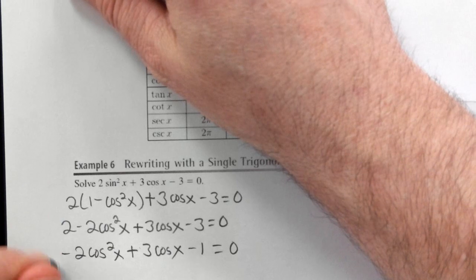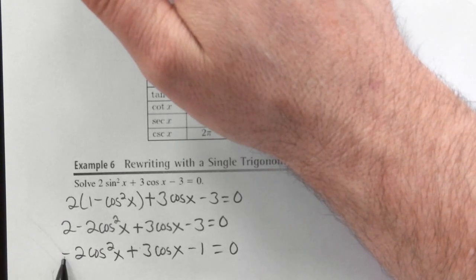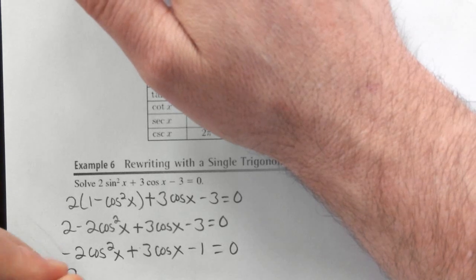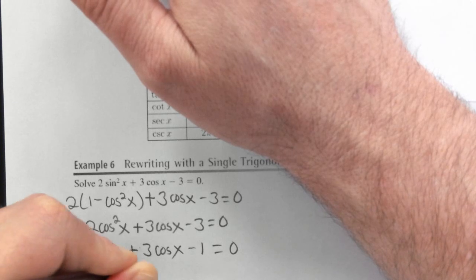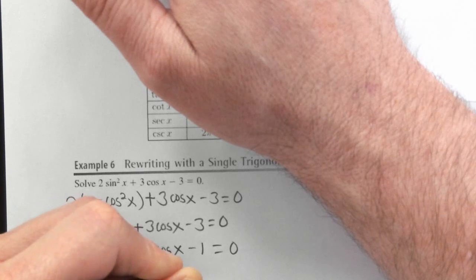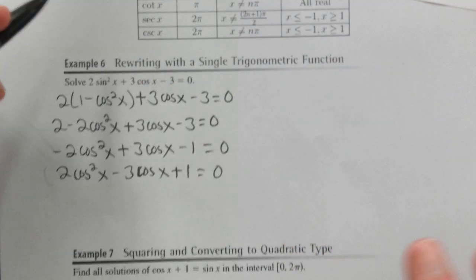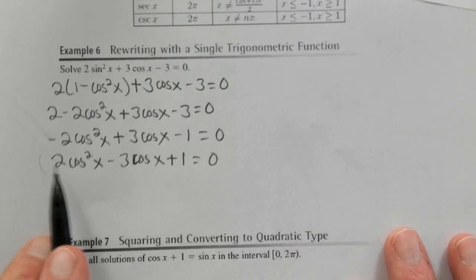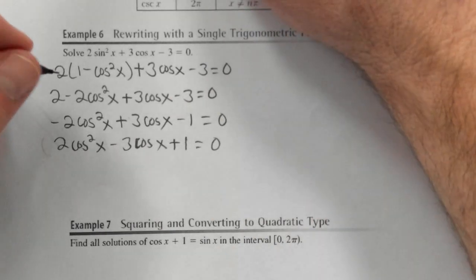But before we do that, why don't we multiply everything by negative 1 so that the leading coefficient is positive. So let's make it 2 cosine squared x minus 3 cosine x plus 1 equals 0. I just multiplied everything by negative 1 so that this leading coefficient is positive, which makes it better for me when I go to factor, which we'll go ahead and do now.